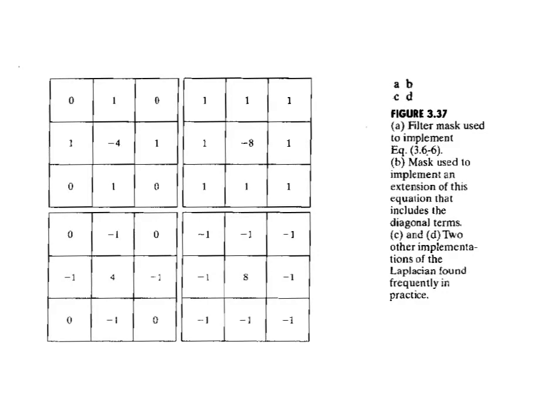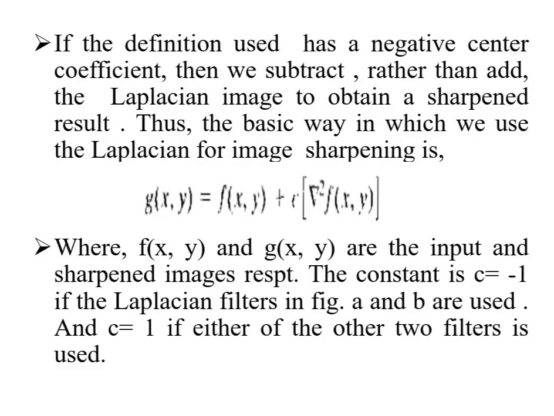As noted in the previous topic, it is important to keep in mind which definition of the Laplacian is used. If the definition used has a negative center coefficient, then we subtract rather than add the Laplacian image to obtain a sharpened result.